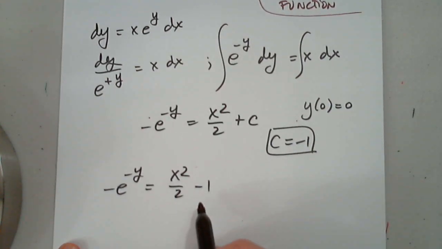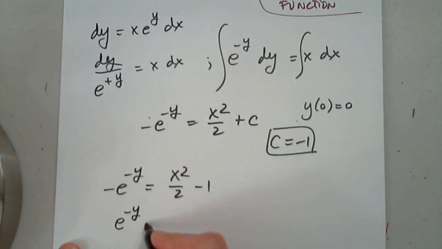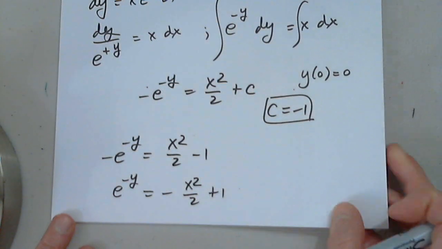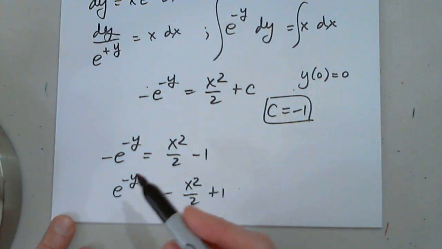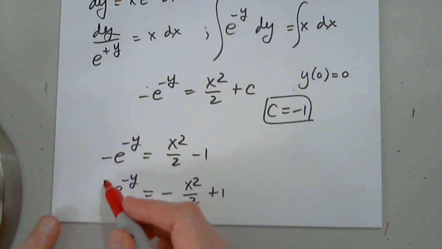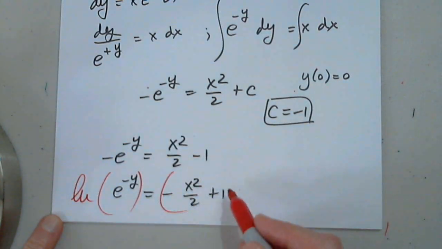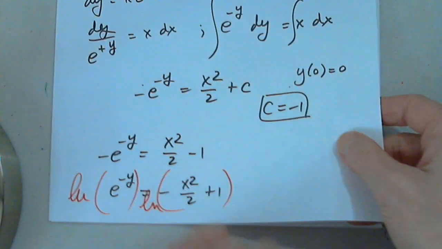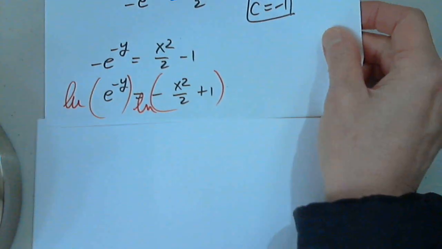I will multiply both sides by negative 1. So e to negative y equals negative x squared over 2 plus 1. In order to solve this equation for y, of course, I will apply natural log to both sides. Okay, and let's see what happens. Moving on to page 5.